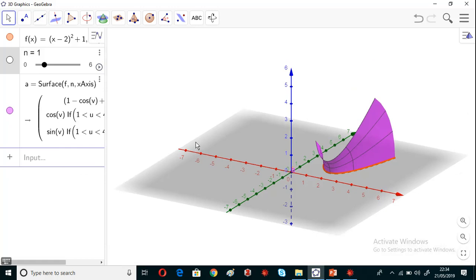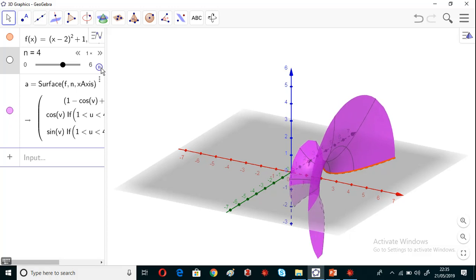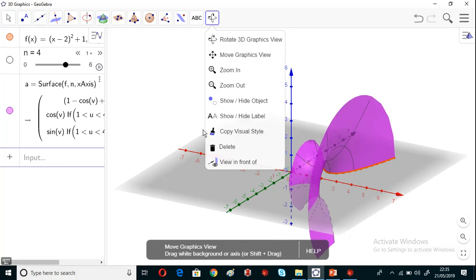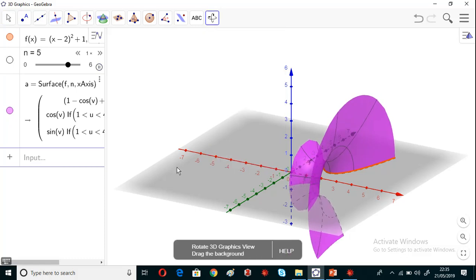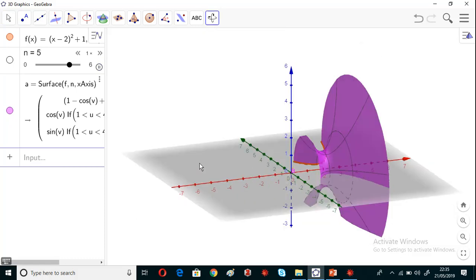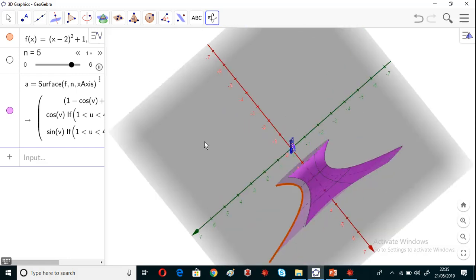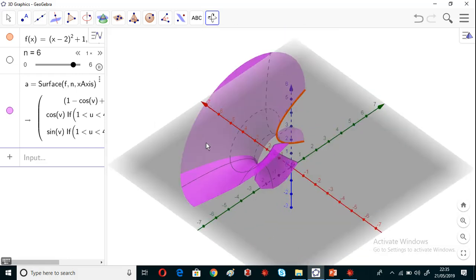Then you can see this revolution, the surface of revolution, that is the definition. We can see this, and even we can move this surface as well. Yes, in different directions we can see the surface itself rotate.